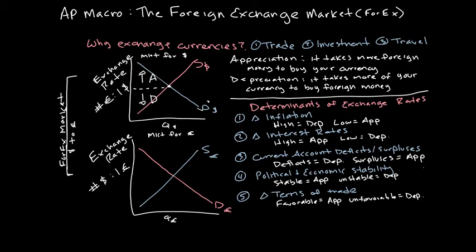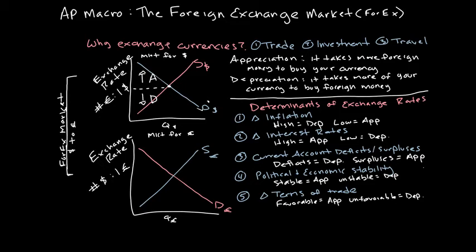So if one country has a high interest rate relative to another, the country with a higher interest rate is going to see their currency appreciate as citizens from the other country attempt to put their money into the higher interest rate banking system or higher interest rate bonds or higher rate of return stock market. So countries with higher interest rates or higher rates of return see their currency appreciate. If you've got low interest or low rates of return, you will see your currency depreciate.